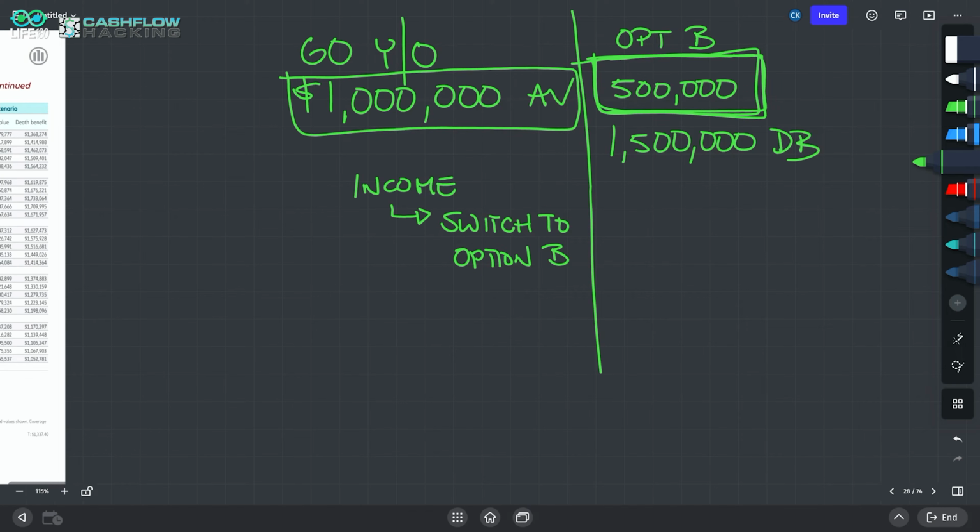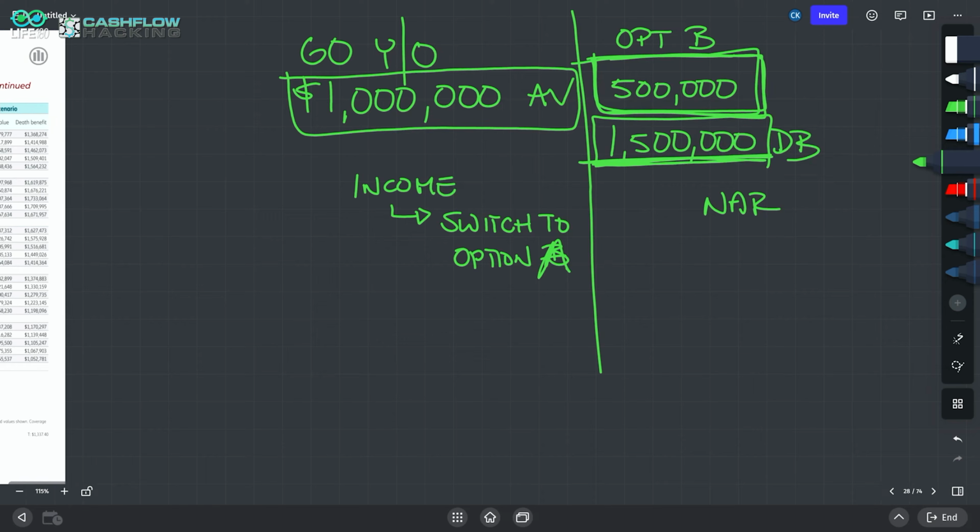Basically, what would happen if we switched and the death benefit at that point in time was $1.5 million, as soon as we switched at that point in time, this death benefit would remain where it is. And what would happen is, as the $1 million grew, it would eat into this number, and that would reduce the net amount at risk, by switching to the level, or switch to option A, I'm sorry.